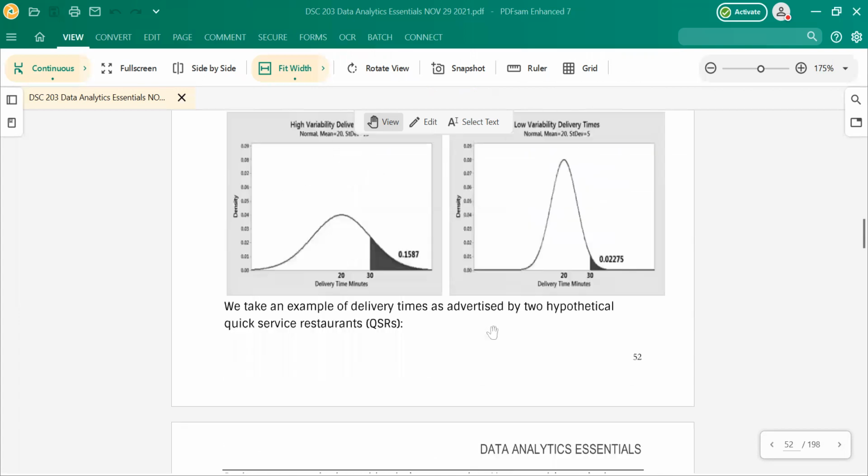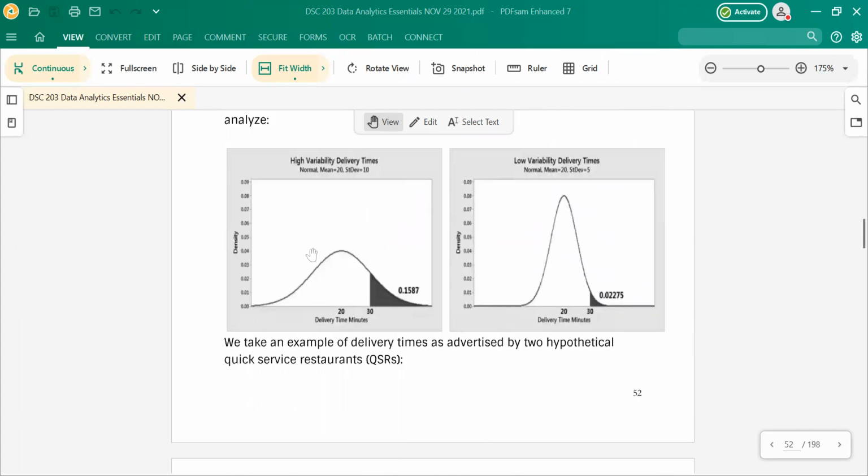Okay. So let's talk about delivery time. Let's say you are comparing two restaurants. You are looking at the data of the delivery time: the time at which the order came and the time when the order was delivered. You have lots of data, 1,000 data points, and you compute the average and standard deviation.